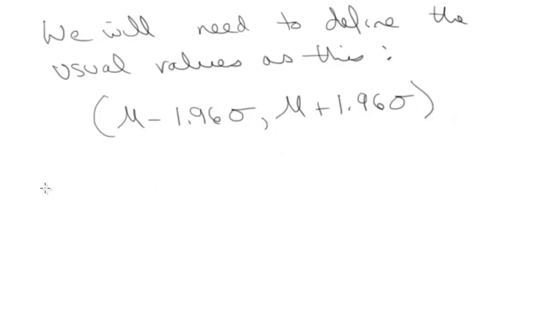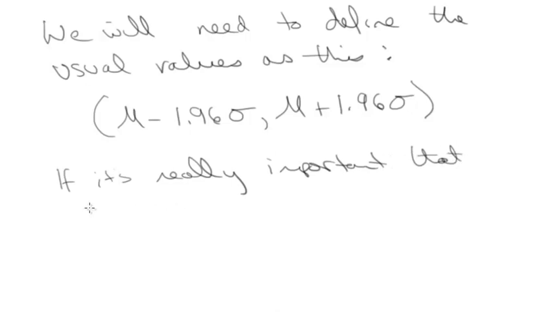If it's really critical, if it's really important that something not happen, like if this happens, people could die, like if the radio on an airplane fails, we want that really improbable.